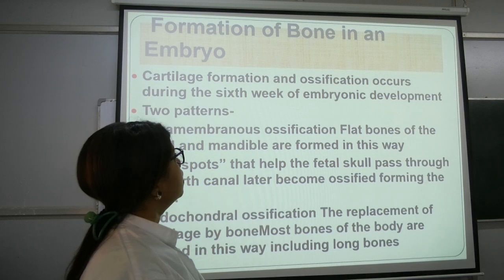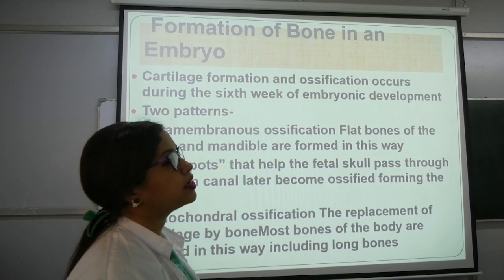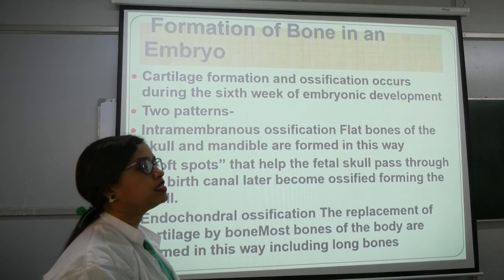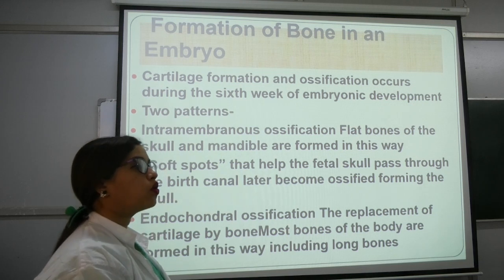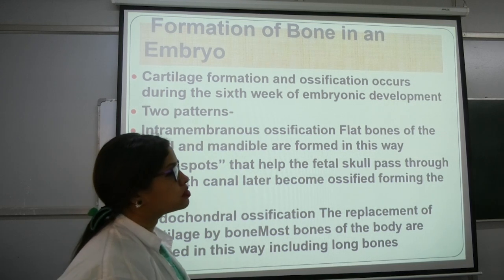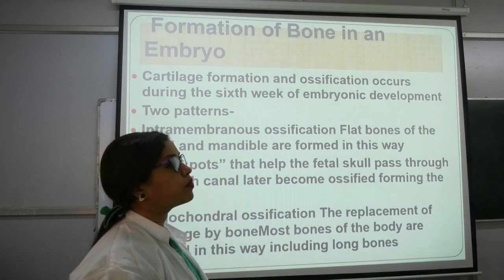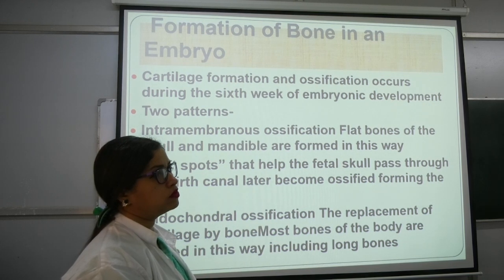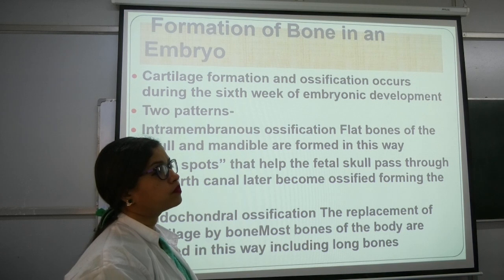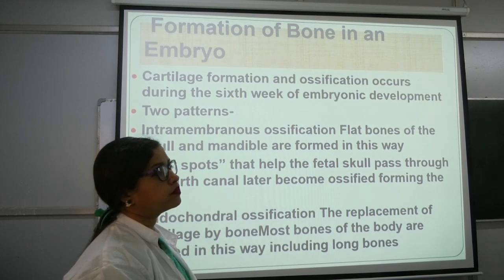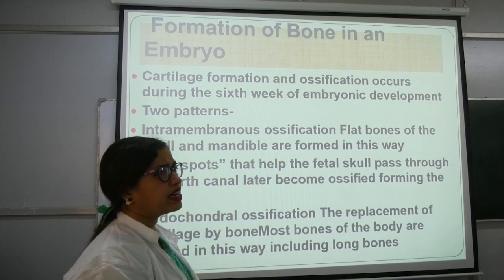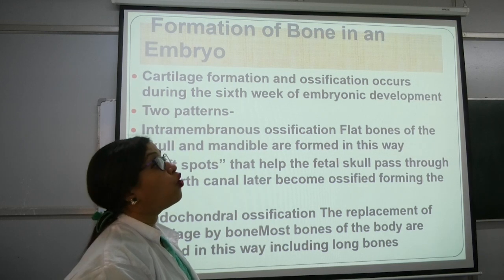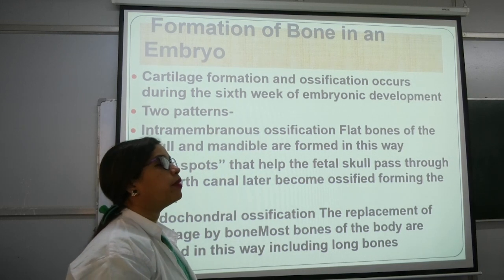Then the bone formation will start when? The 6th week of embryonic life. So there are 2 patterns: one is intramembranous, another one is endochondral. Where will you get intramembranous? The bones which are chiefly ossified from membrane: clavicle, mandible, and all the skull bones.